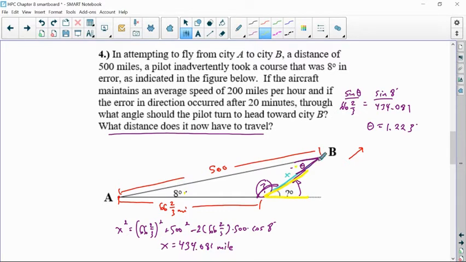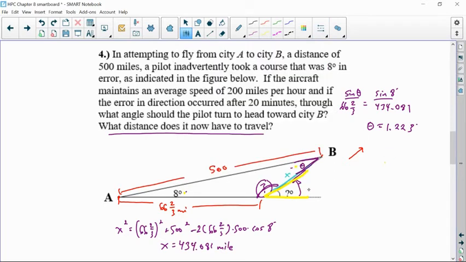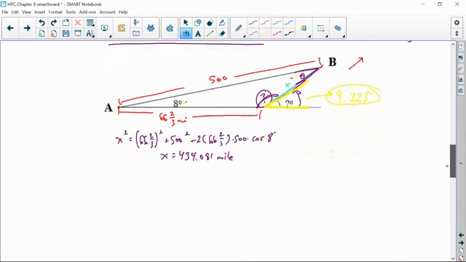So if you know this is 8, and you know that's 1.223, we could add it together to get that value of the question mark being 9.223 degrees. Okay. So again, good problem. And it illustrates the suspicion of using law of sines on an obtuse angle, because if I would have used law of sines on the obtuse angle, I would not have gotten this value, which is clearly obtuse. It's opposite that largest side there. Okay.